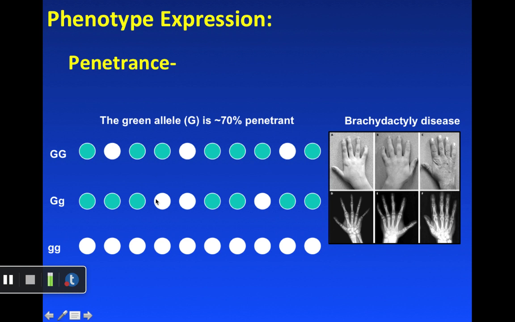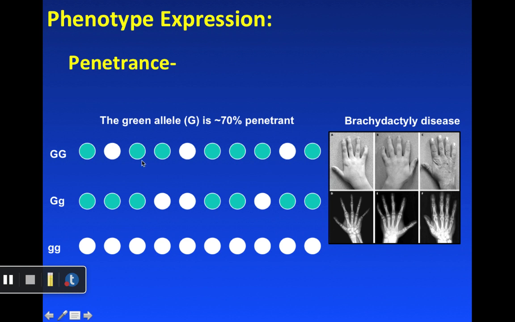If you have some individuals and you know their genotype, let's say, for example, you're looking at a certain tree, and you have a gene that codes for leaf color, and you know that homozygous dominant, in this case G, or heterozygotes should produce, let's say, green leaves, whereas homozygous recessive produce, let's say, yellow leaves, if you look at those individuals that are homozygous dominant or recessive, what you might find is that not all of those individuals produce the green leaves as expected. So in this case, there's not always a clear linkage between genotype and phenotype that we see.